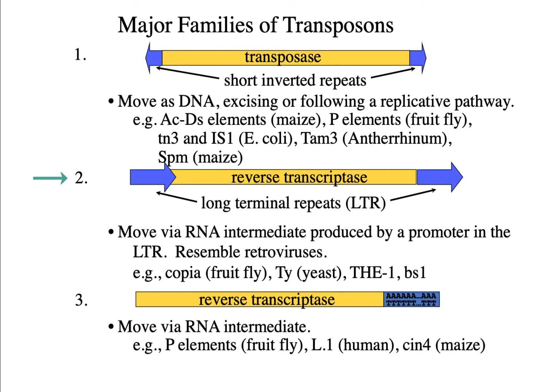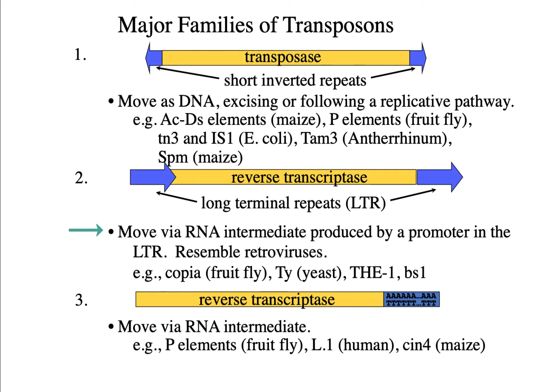The second group are the LTR retrotransposons, which have a reverse transcriptase as well as other genes, and these long terminal repeats. They move as RNA intermediates produced by a promoter in the LTR.